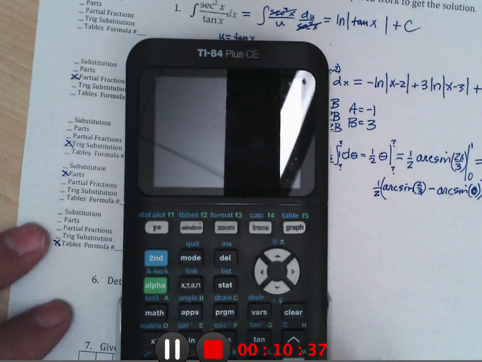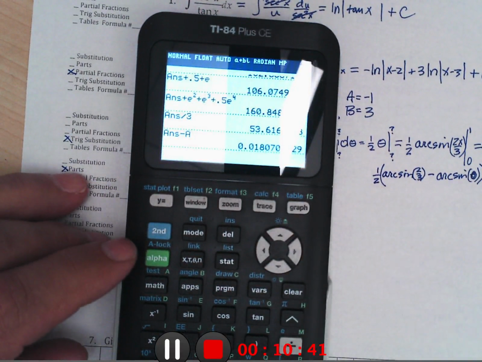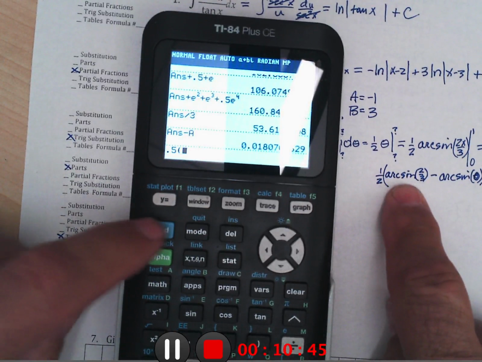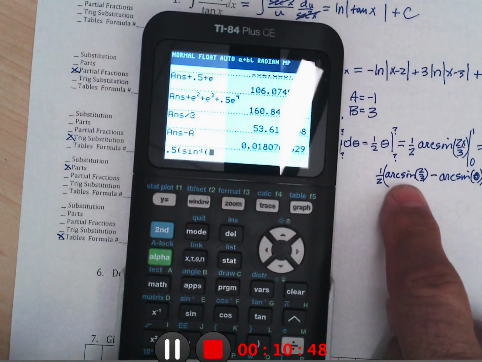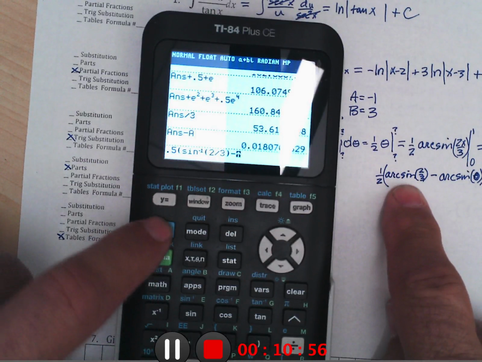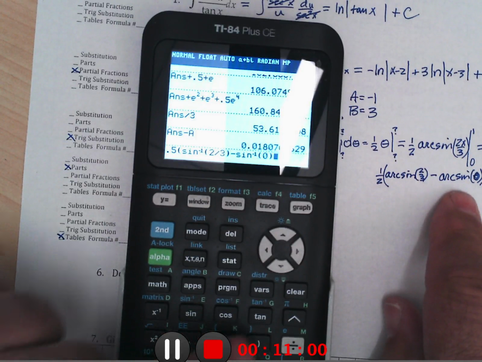So, turn my calculator on, 0.5 parenthesis arc sine of 2 divided by 3, close parenthesis, minus arc sine 0, close parenthesis, enter.